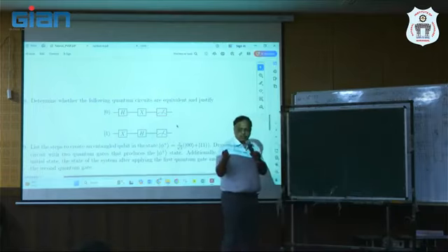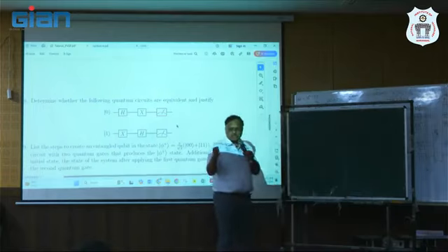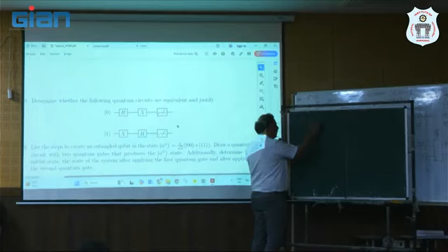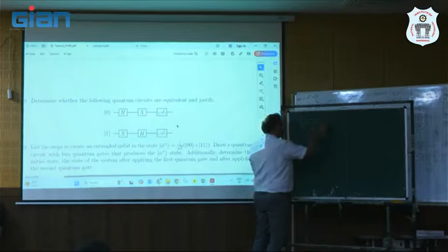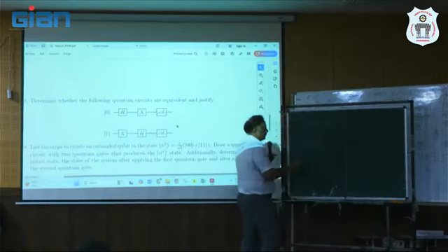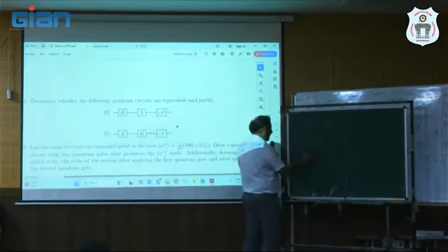Okay, I think this is given as one of the tutorial questions, but we didn't have time to do it, okay? So this circuit, we try to show that this is equivalent to, I think it is like this.